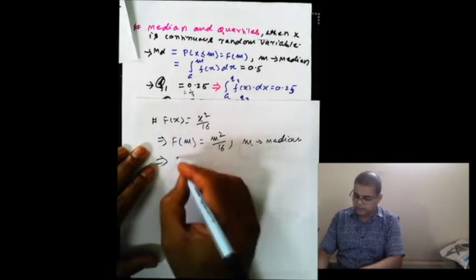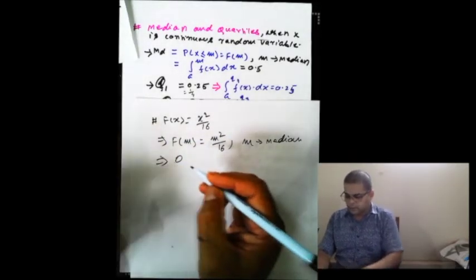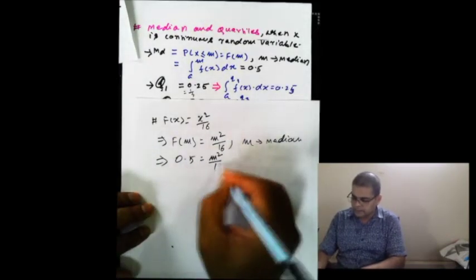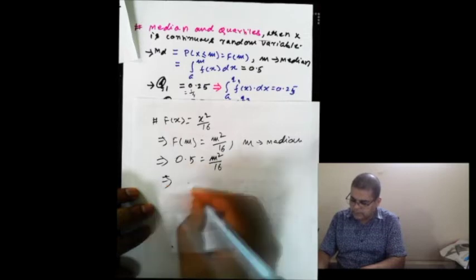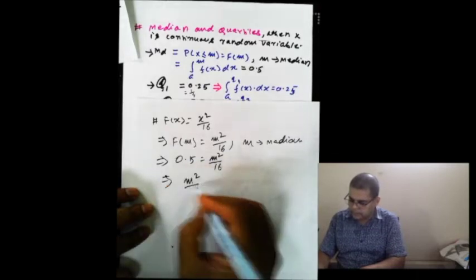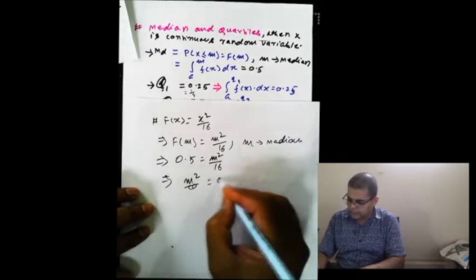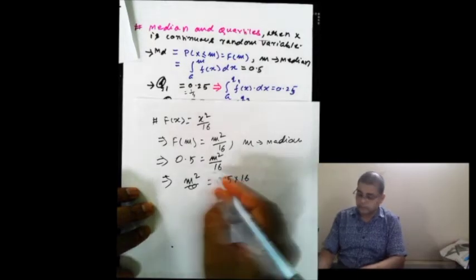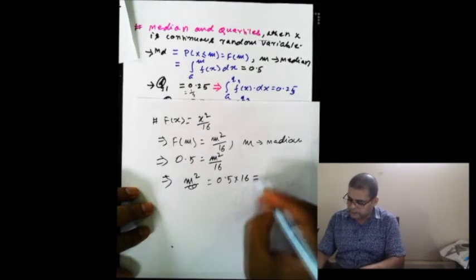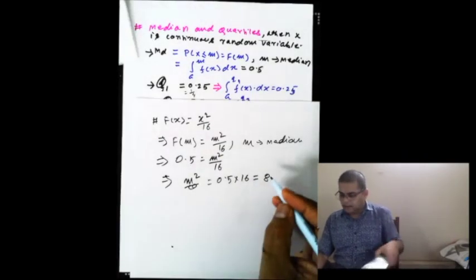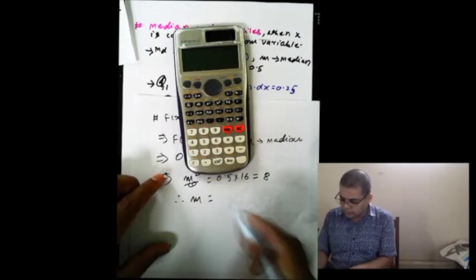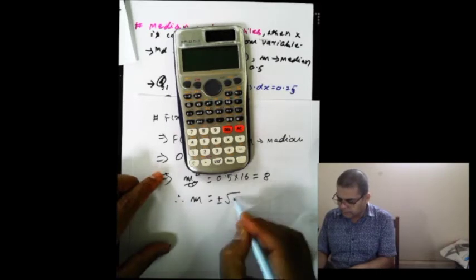That means in decimal, 0.5 equals m squared by 16, and then you solve it. It is m squared equals 0.5 times 16. When you transpose this to the left, half of 16 is going to be 8, and now therefore m equals, take the calculator, then m will be equal to plus or minus under root of 8.